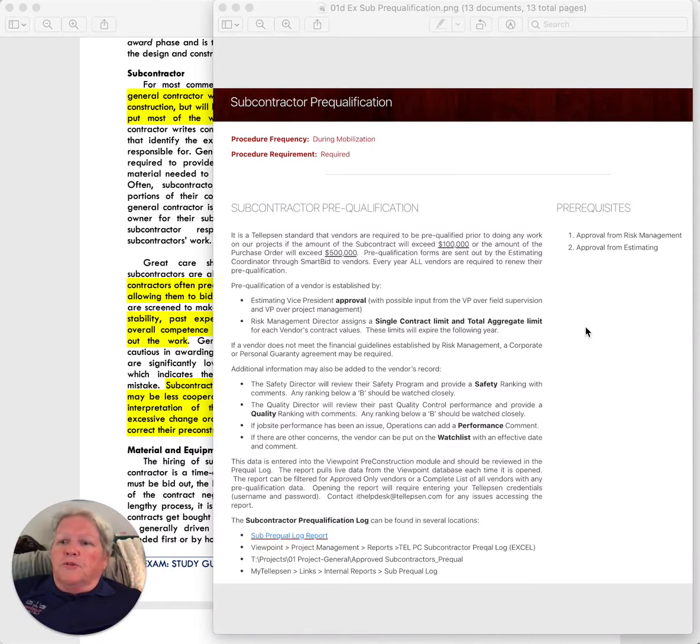Does it match up with the scope of work? We say if you've got a company that can only provide cash flow about $5,000 a month, and you're doing a project that's about $1 million a month, that's probably not a good marriage or matching up of that subcontractor to that scope of work.